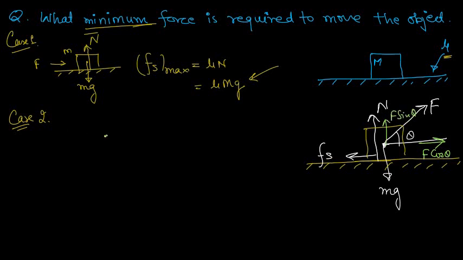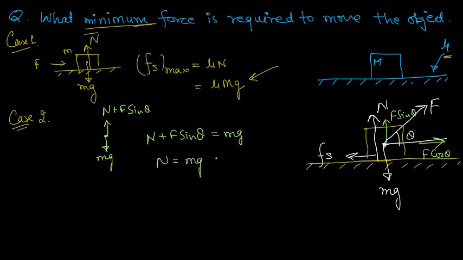If I draw the free body diagram, this is mg, this is n plus F sin theta. So normal plus F sin theta is equal to mg, so the normal force is equal to mg minus F sin theta.